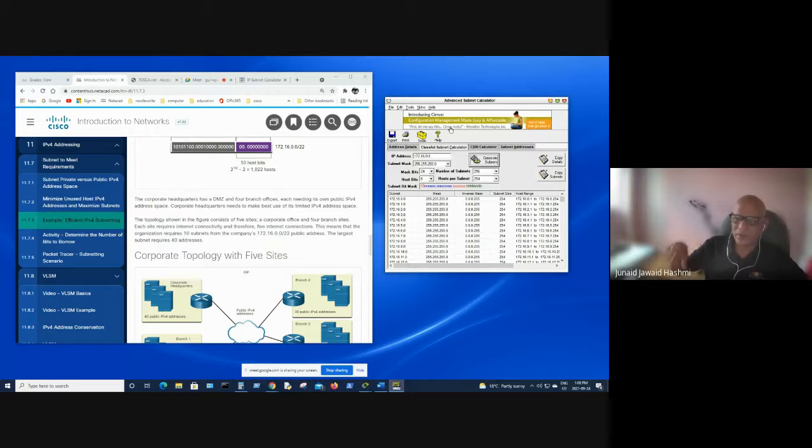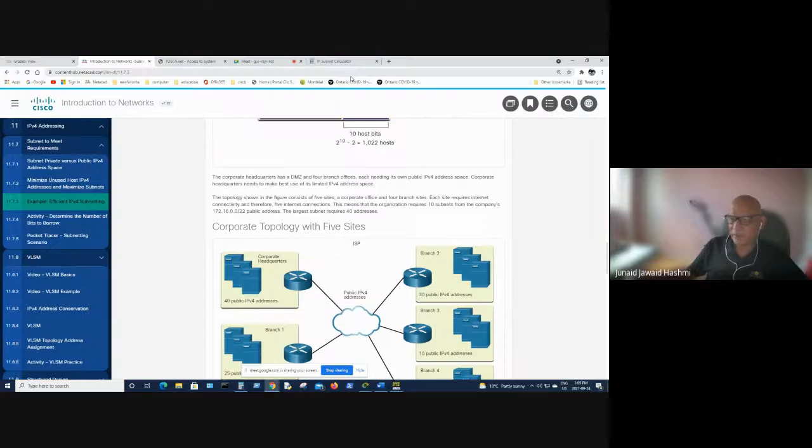So I'm going to upload it to my shared drive in Google Classroom. There are online subnet calculators as well, but these online subnet calculators always change, so this is actually the best. Maybe I'll also try to upload it on Netacad. Anyway, I will make it available. Okay, so now I'm going to do the same thing.